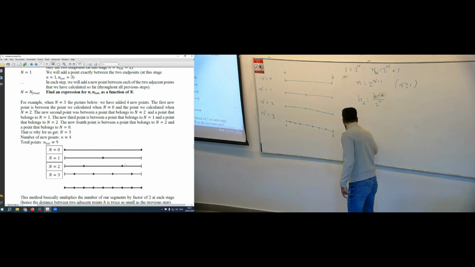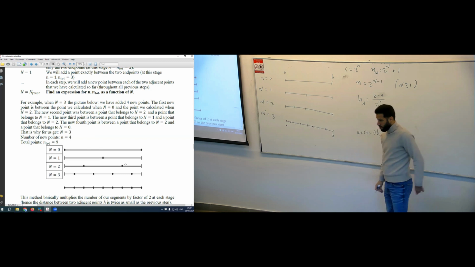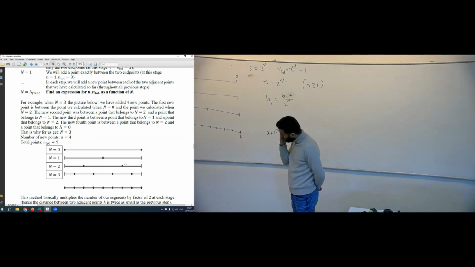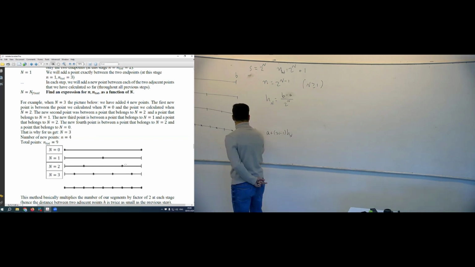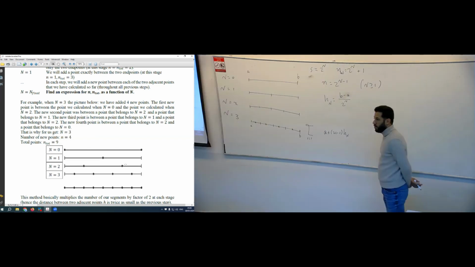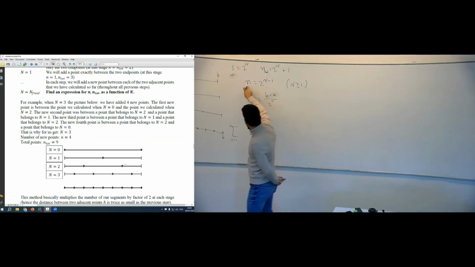So the points here are a plus (2i minus 1) h n. And i goes from where to where? i goes from 1 to small n.